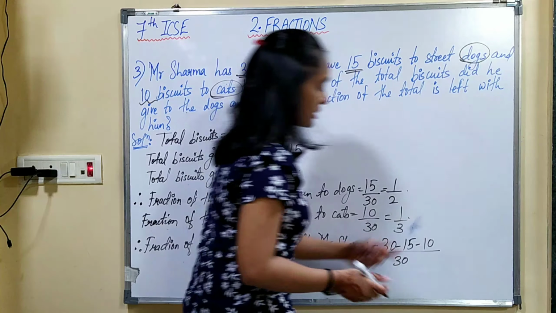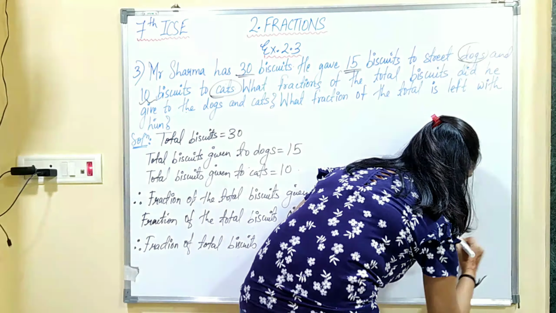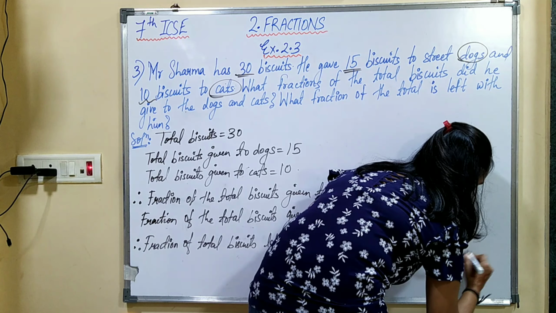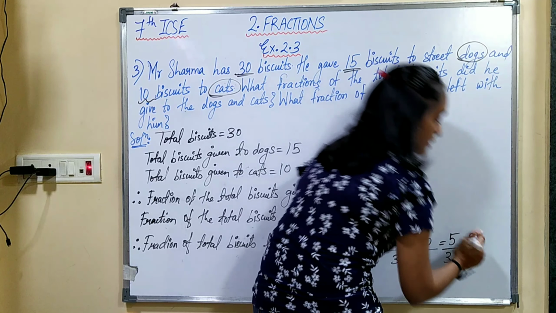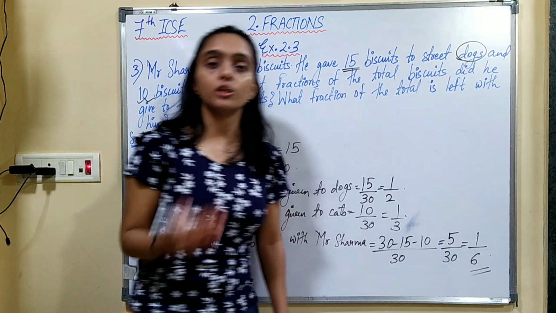So 30 minus 15 is 15 and 15 minus 10 is 5. So you are left with 5 upon 30. So after dividing it, you will get 5 ones is 5 and 5 6s is 30. So the required fraction will be 1 upon 6.